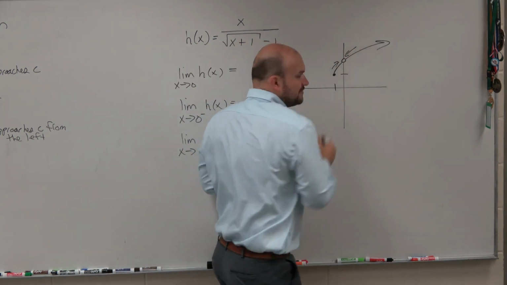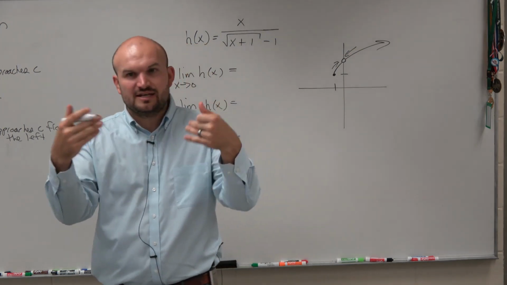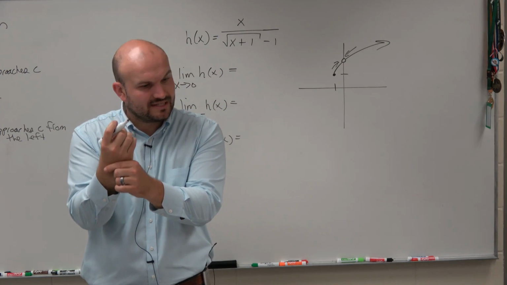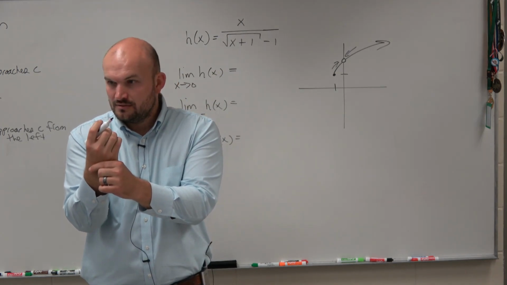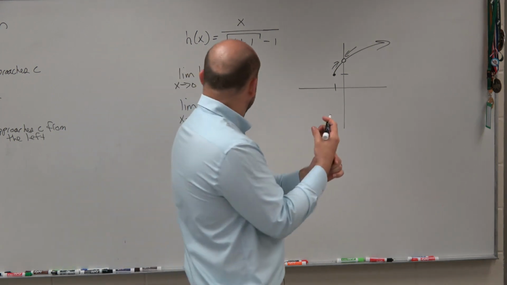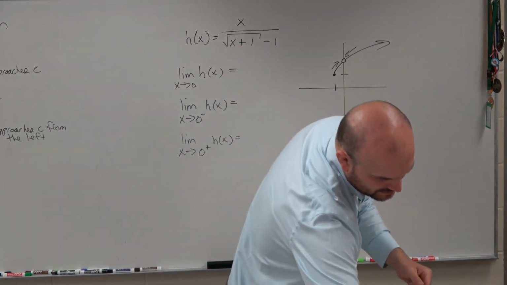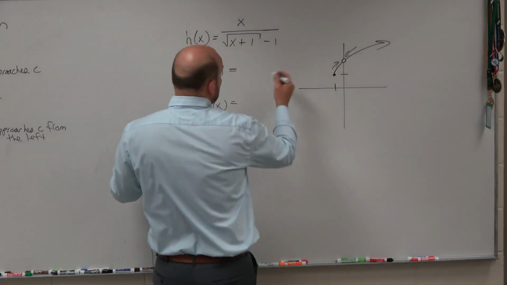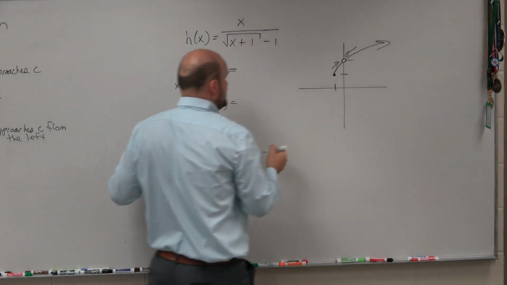You could have looked at the graph, or you could have used the table. What value is it getting really, really close to from the left and from the right? What output, y value, is it approaching? 1. Oh, is that 1? What is that at negative? It's 2? OK, 2. So it looks like it's approaching 2.